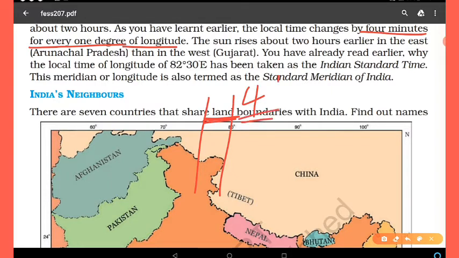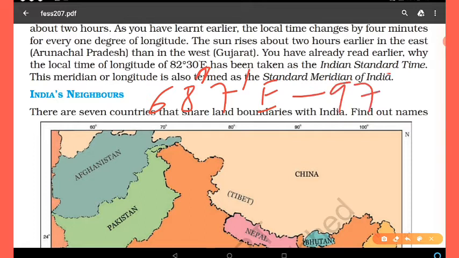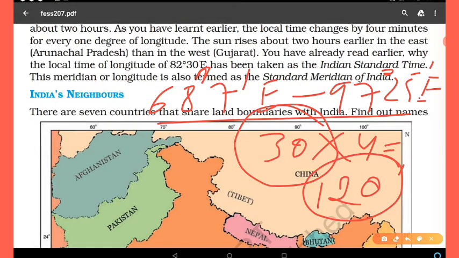The extent of India on the longitude is from 68 degrees 7 minutes eastern longitude to 97 degrees 25 minutes eastern longitude. This is approximately a difference of 30 degrees. So for 30 degrees, it will take 120 minutes, which converted into hours is 2 hours.